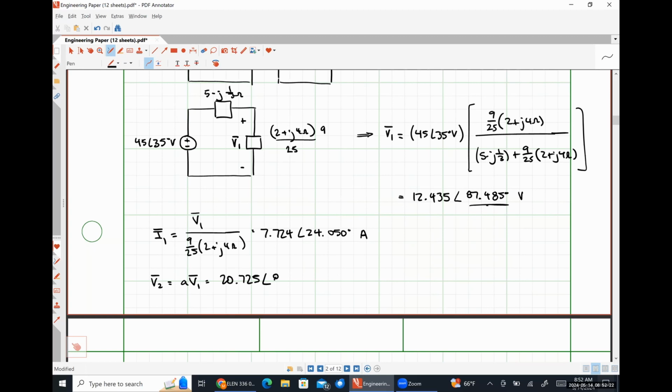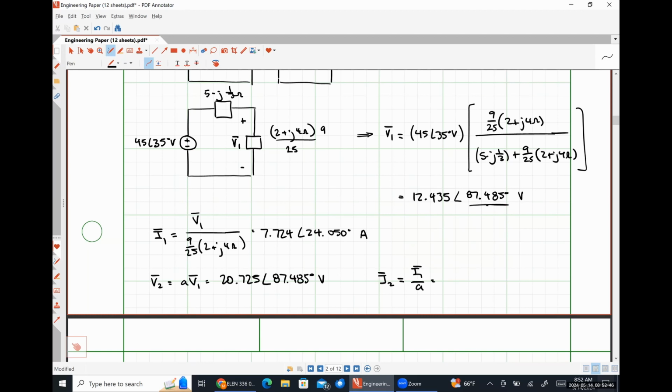Phase angle is going to stay exactly the same. And how do I get I2? I1 over A? Absolutely. So there's a surprisingly small amount of circuit analysis that is involved once we start knowing what our primary voltage is. Okay.